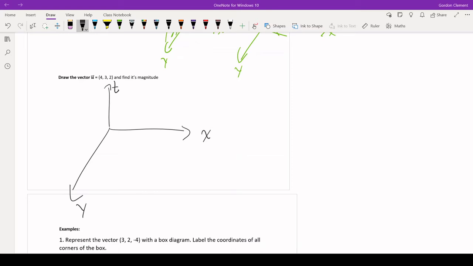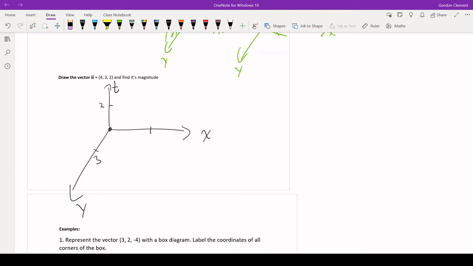So 4, 3, 2. So that's the vector that starts at the origin and then ends at the point with a 4 for x, a 3 for y, and a 2 for z. And with that, I don't know where to put the other point. Just looking at this picture, it looks a bit crazy to me.